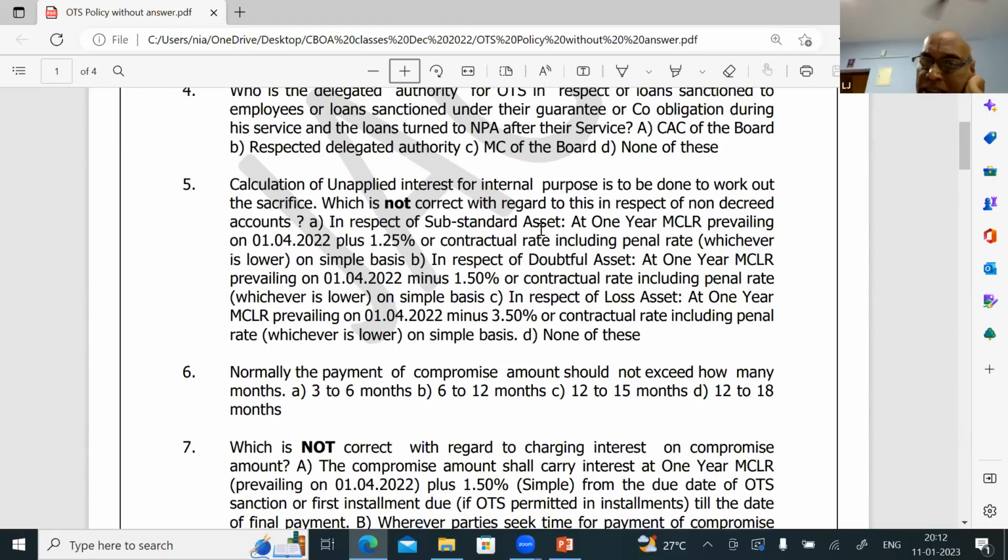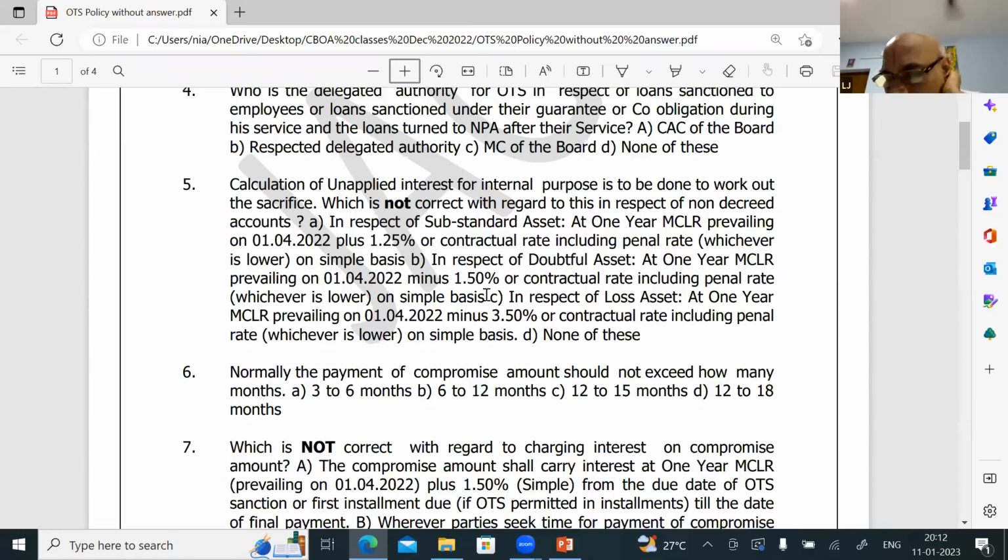If it is a substandard asset, non-decreed, 1 year MCLR prevailing on 1/4/2022 plus 1.25, or the contractual rate including penal rate, whichever is less on simple basis, one is correct. In respect of doubtful asset, 1 year MCLR prevailing on 1/4/2022 minus 1.50, or contractual rate including penal, whichever is less on simple basis, that is correct.